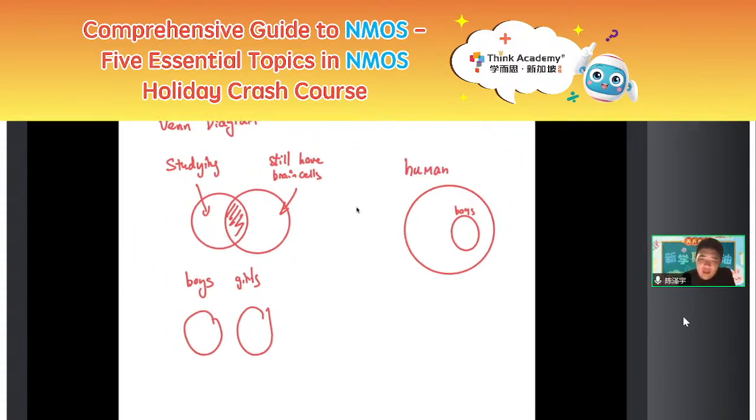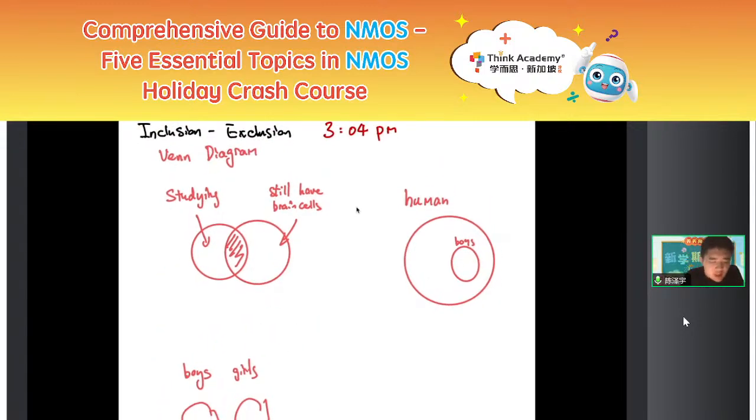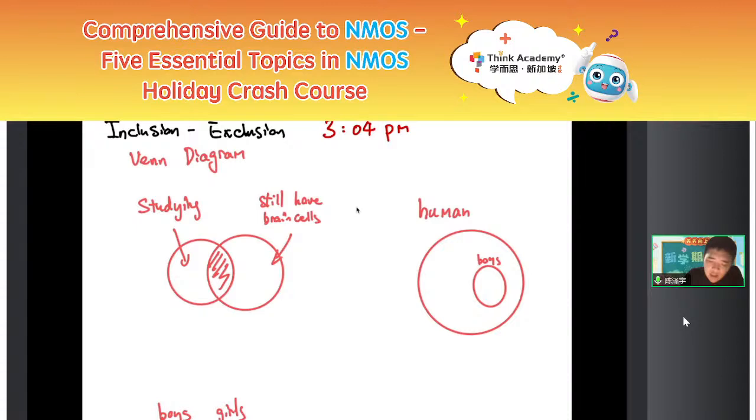Drawing the Venn diagram and understanding which part represents which group of people is very important. There's also another part on the diagram. I'll come back to the first diagram and show you again. I can draw a big box to represent everybody, all the people here.